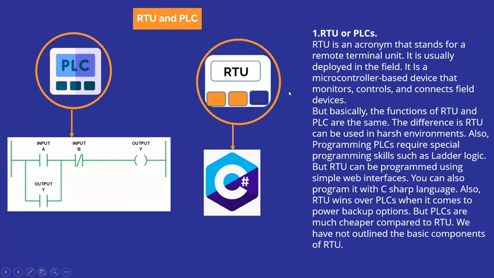The main function of RTU or PLC is to monitor, control, and connect field devices such that we can get those signals. When it gets those signals, they are converted to digital format, and then the RTU is connected to the human machine interface.